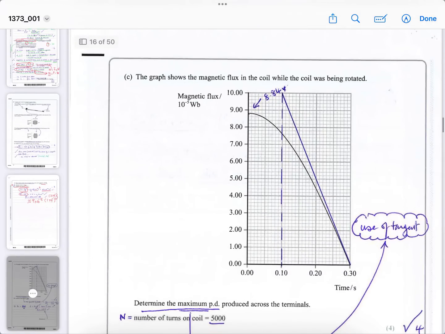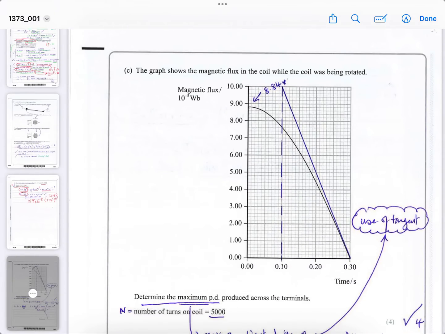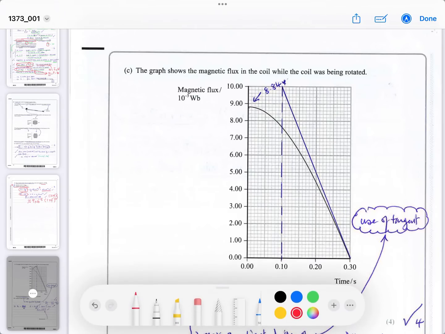Part C then gives you a graph. The graph shows the magnetic flux in the coil when the coil was being rotated, yes, and you can see that the value we just calculated was around here, approximately 9 times 10 to the minus 5 Webers. Okay, so a Weber is Teslas times meter squared.